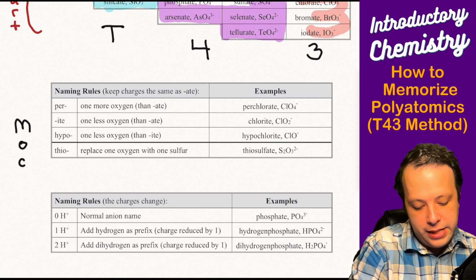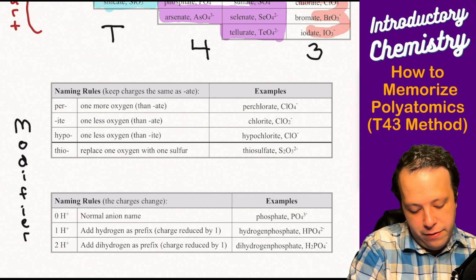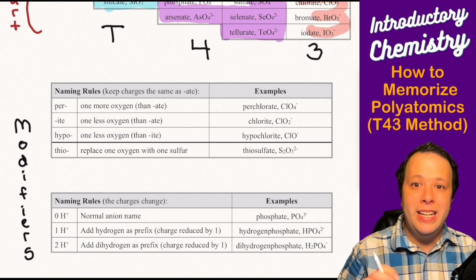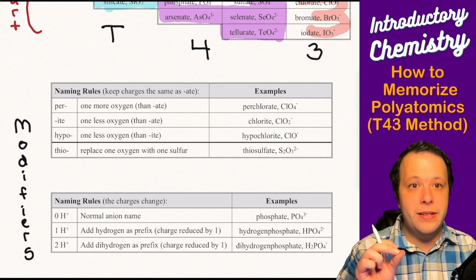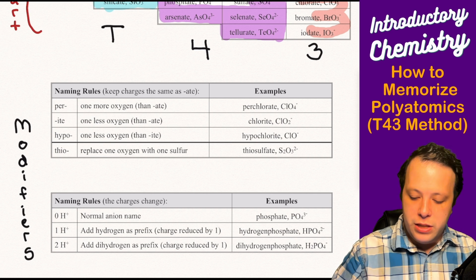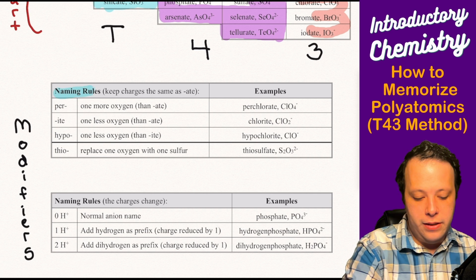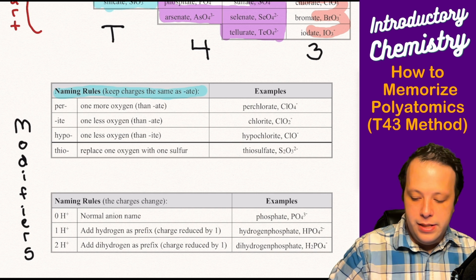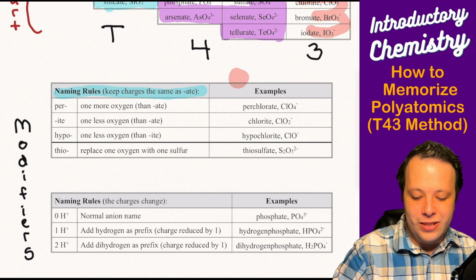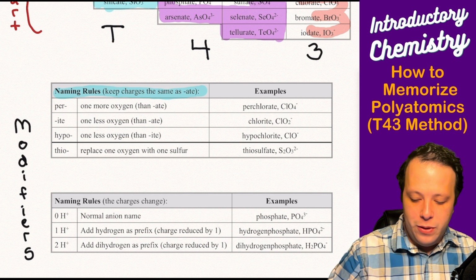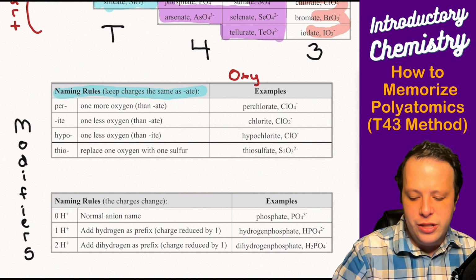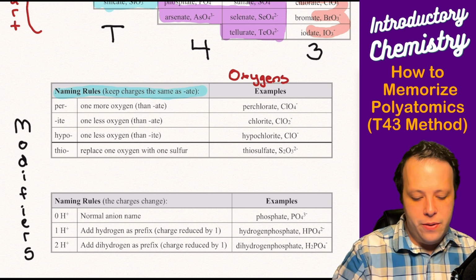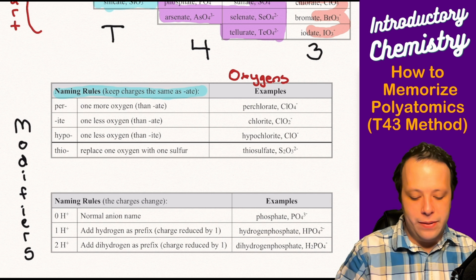The next 2 little tables I refer to as modifiers, meaning they apply if something does not quite match. The first portion, the column in the naming rules, is all about whether oxygens are changing. If you have more oxygens or fewer oxygens, it's about how those oxygens differ.